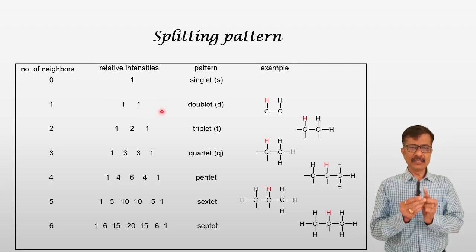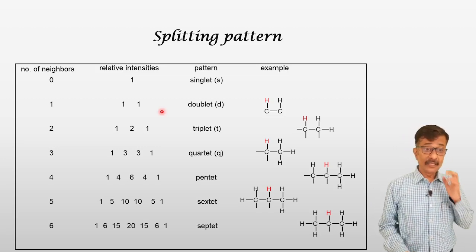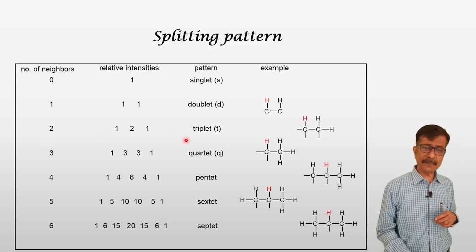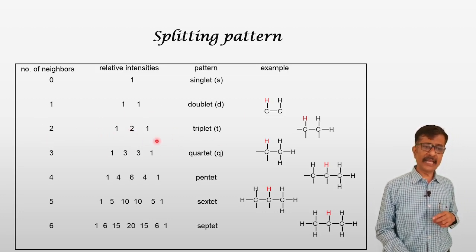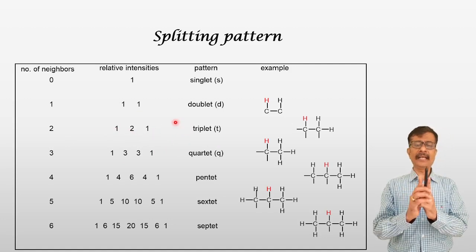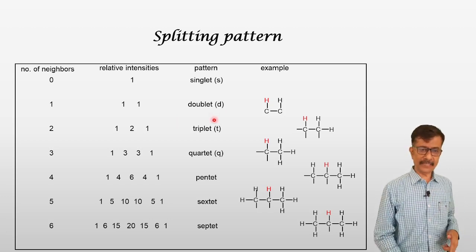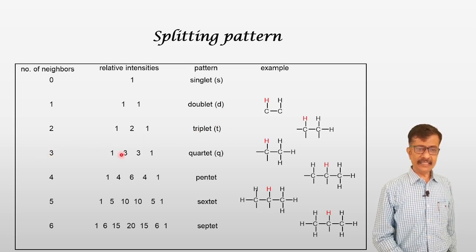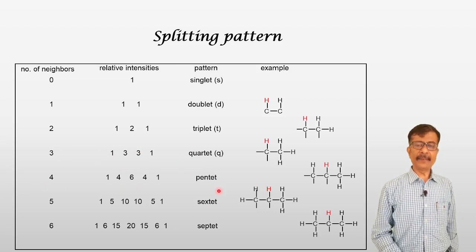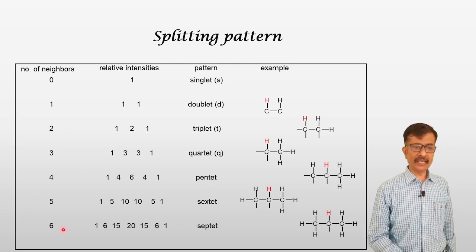If a neighboring carbon contains 2 hydrogens, it will be a triplet, and intensities will be 1:2:1, the central peak more intense and the side two of equal intensity. With 3 it is a quartet, 1:3:3:1. Then 4 gives a pentet, then sextet, septet, based upon the number of hydrogens on the neighboring carbon.